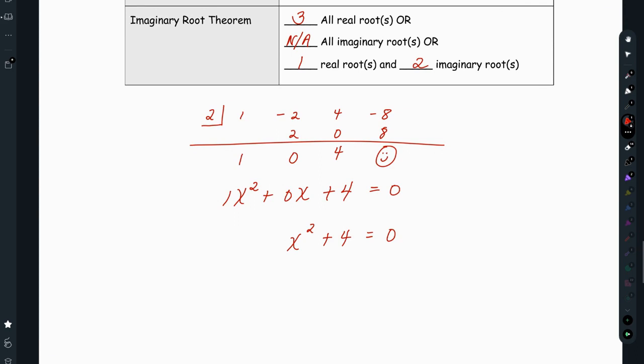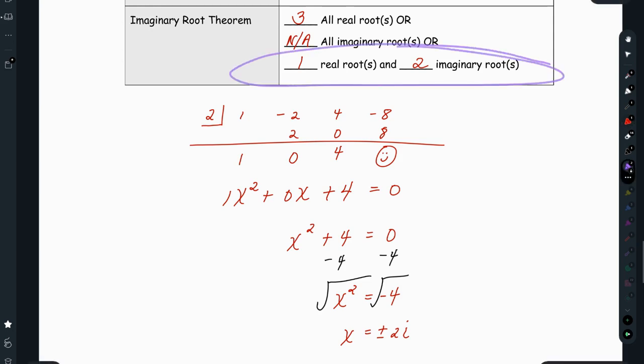So we're going to subtract 4 from both sides. We're going to take the square root of both sides. All right, final answer for this then would be that our roots are 2 and plus or minus 2i. That worked out to be this scenario here.